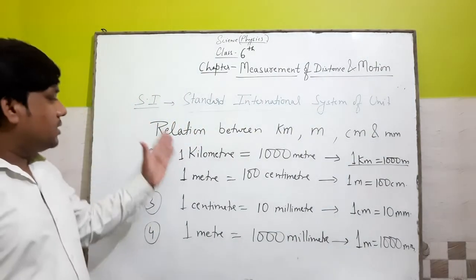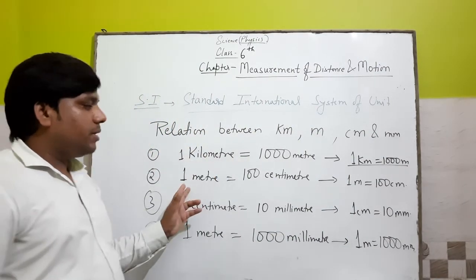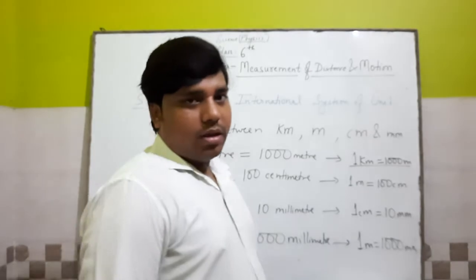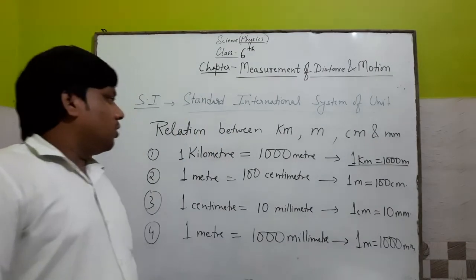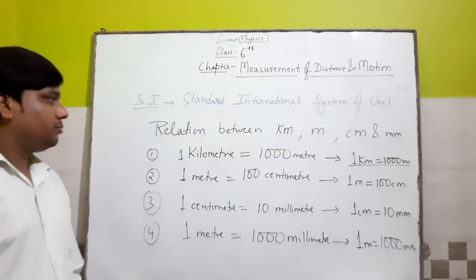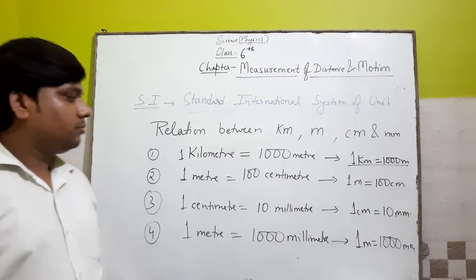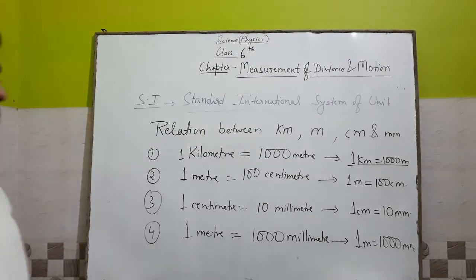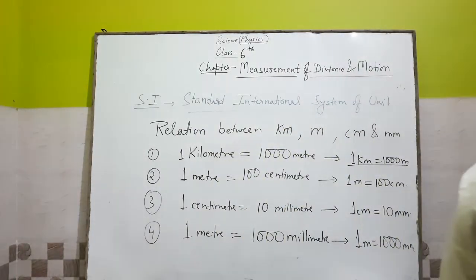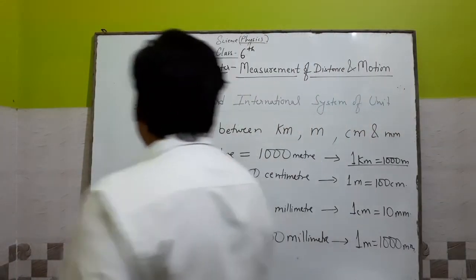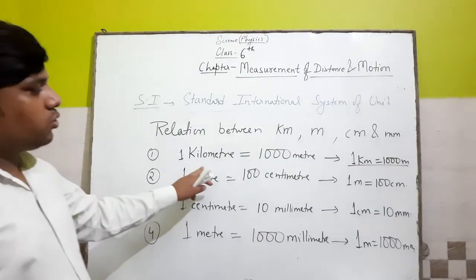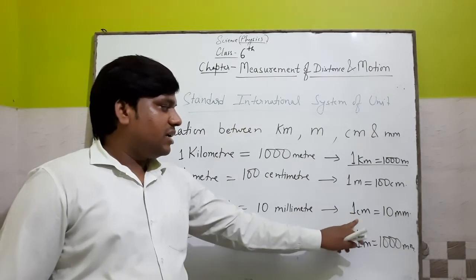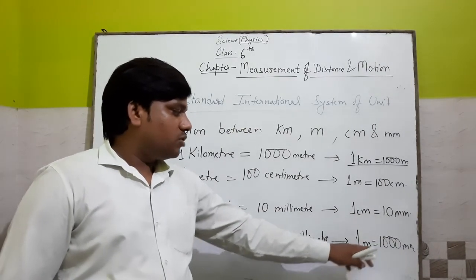Okay, these are the relations between kilometer and meter, meter and centimeter, centimeter and millimeter, and meter and millimeter. Write this down. 1 kilometer is equal to 1000 meter, 1 meter is equal to 100 centimeter, 1 centimeter is equal to 10 mm, and 1 meter is equal to 1000 mm.